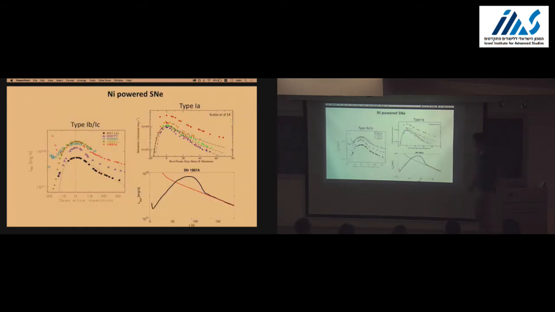If we will try to apply it, for example, to 87A, not so good. Okay? So this is an approximation that's often used. It's not too bad. When you actually calculate 1As properly, it turns out to be reasonable. But it's not a general feature of nickel-powered supernovae.